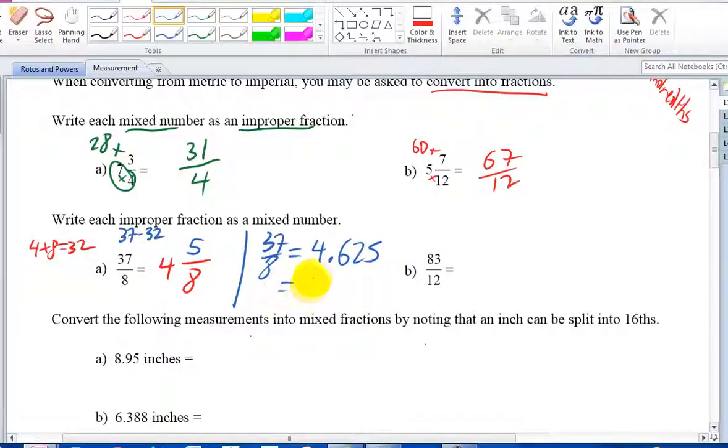So you can convert that to a whole number of 4. So this is just an easy way for you to get that front number. And then what you can do is figure out, well, what is 4 groups of 8? 4 times 8 equals 32. And so now you can figure out what to subtract.